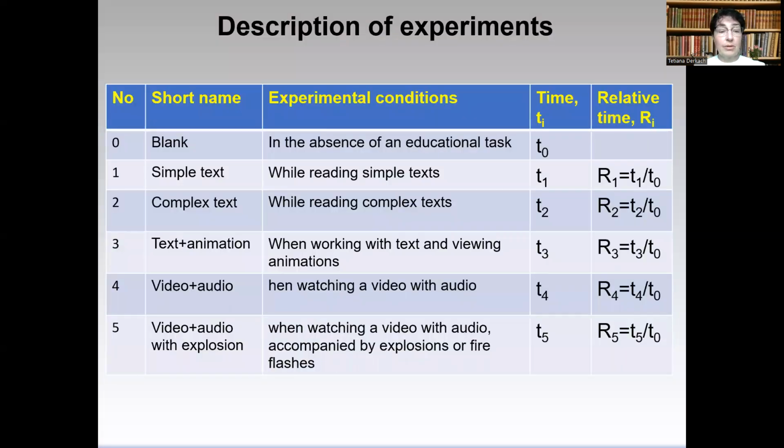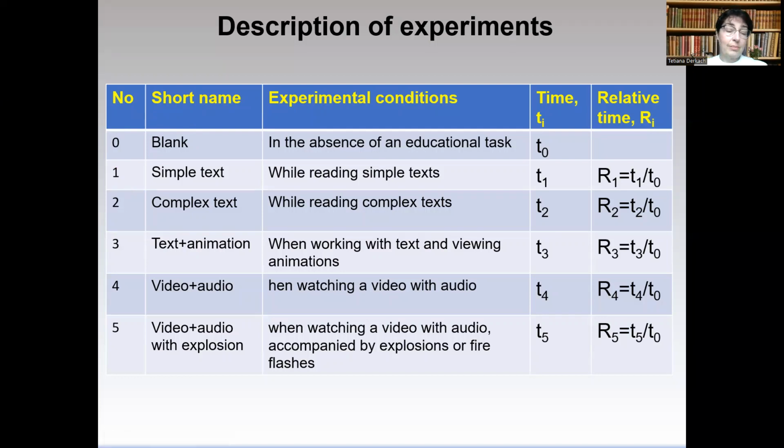To see the description of experiments, a total of 6 experiments were performed. The first was a blank experiment without a learning task. The other 5 experiments contain tasks in different formats. Such experimental schemes allowed us to achieve 3 goals. The first, comparison of cognitive load when reading text of different difficulty levels, experiment 1 and experiment 2.